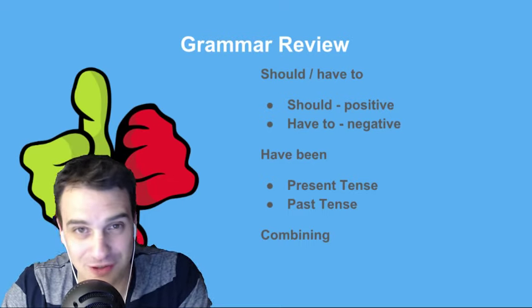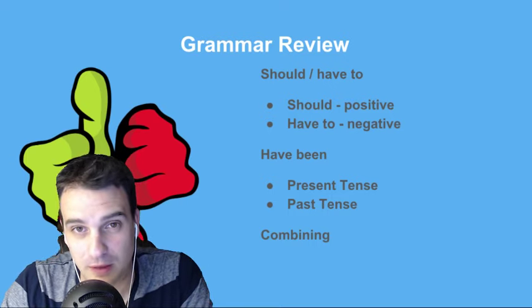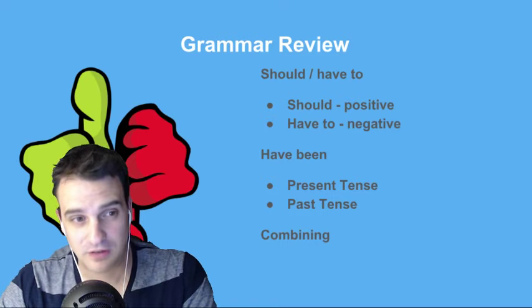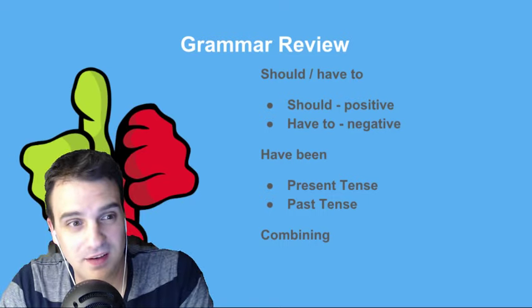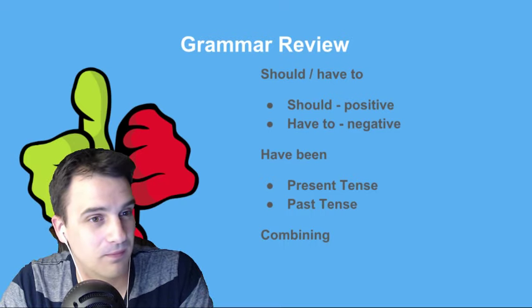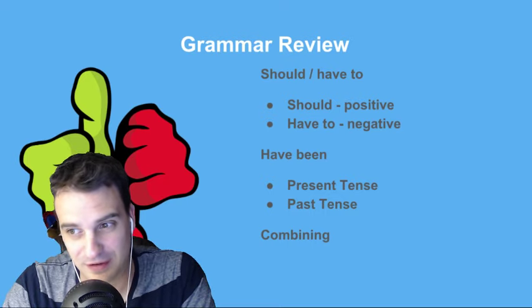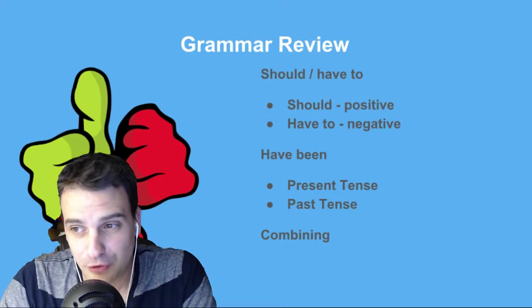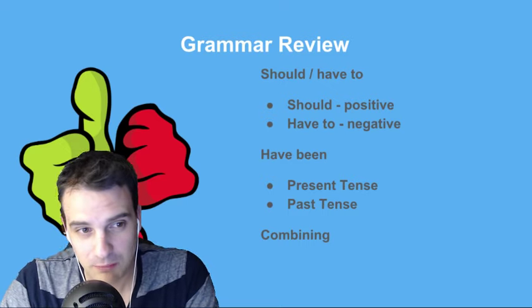And going to, we've talked about this before, going to becomes gonna. So, have to is negative and should is positive. And we will do just a couple of examples of both before we finish.